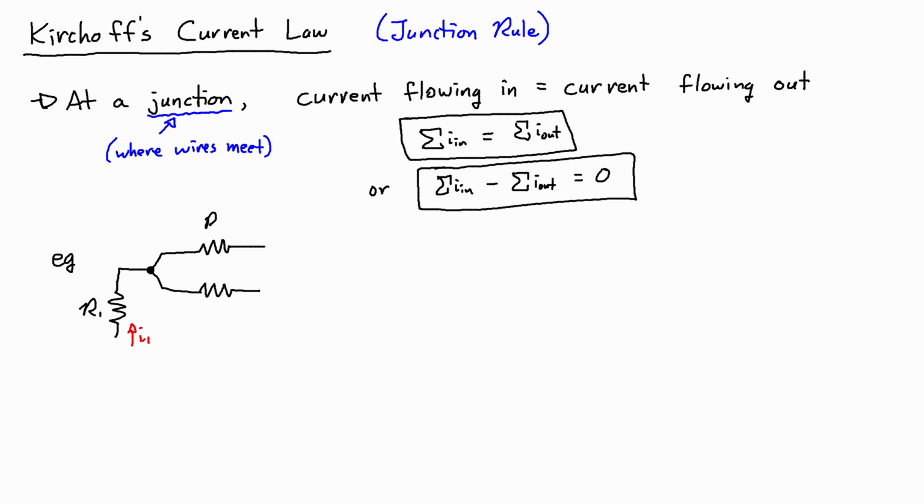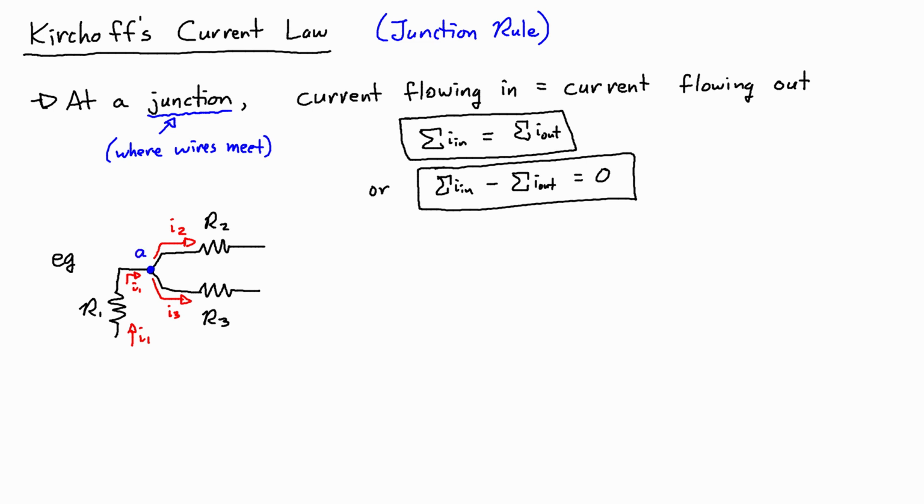So we have R2 on the top, and then we have R3 on the bottom. So I1 continues through the resistor and then makes a right turn, and then it splits. So we have I2 going through R2, but then we have a different current, I3, going through R3.